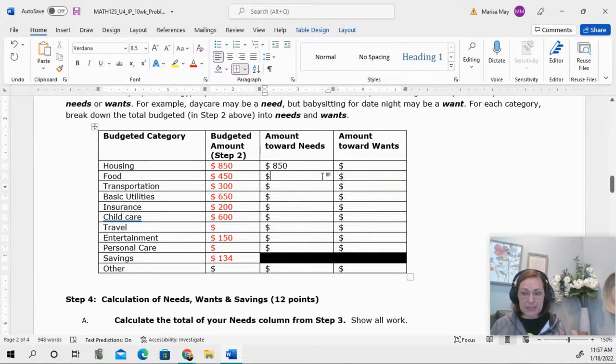But my groceries, those might be 400 of it is a need and 50 of it is a want. Maybe I'm going to allow myself to get a coffee once a week. And that then is just a want because I could have coffee cheaply at home, right? So you're going to break these apart so that you can decipher between the needs and the wants.